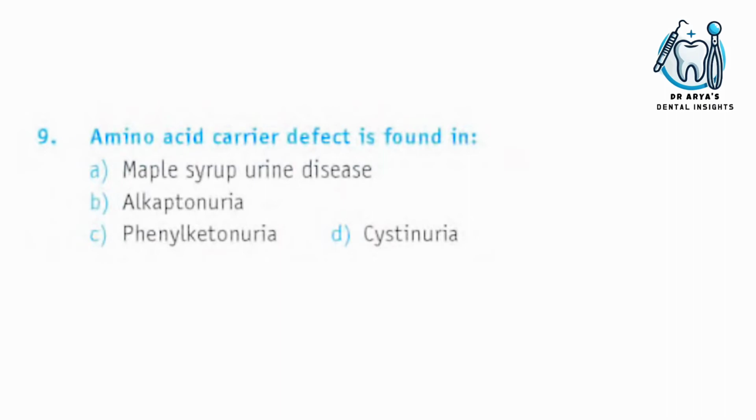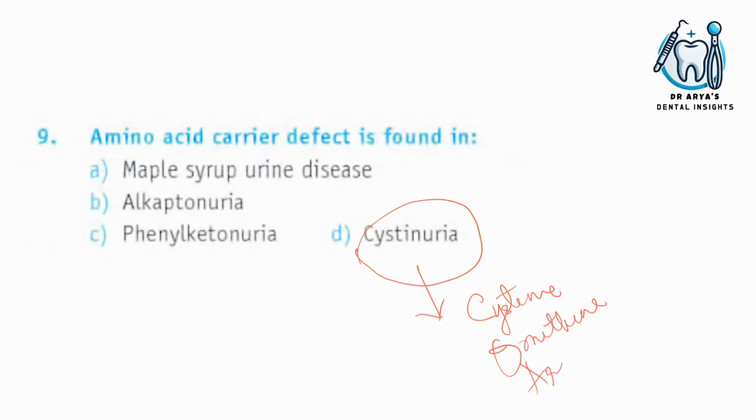Amino acid carrier defect is found in, is it maple syrup urine disease or alkaptonuria or phenylketonuria or cystinuria? So in cystinuria, the carrier system in the kidney for the reabsorption of certain amino acids, cysteine, ornithine, arginine, and lysine, becomes defective.